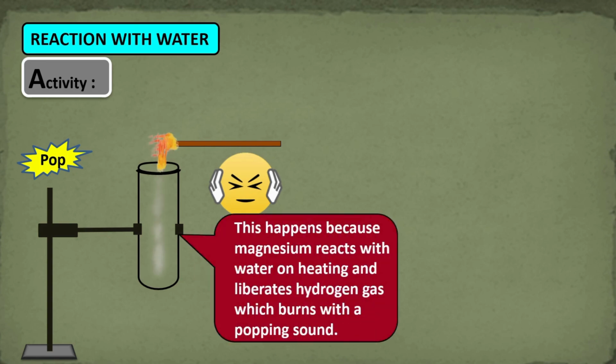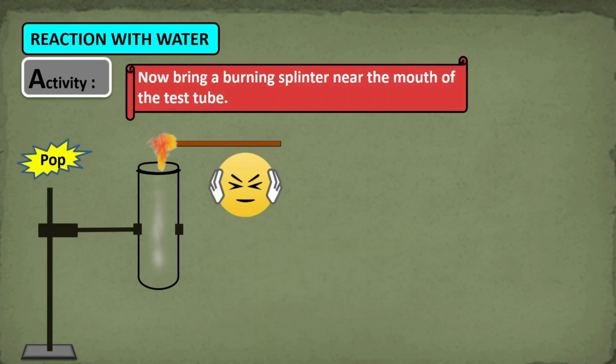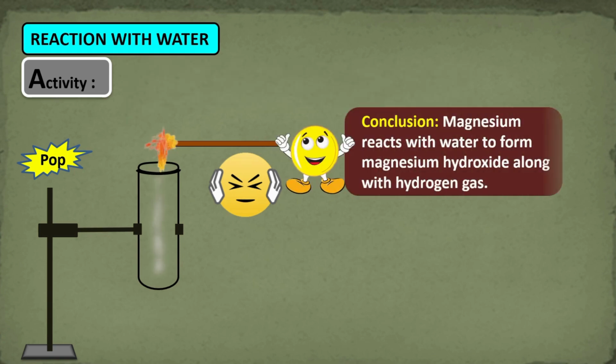This happens because magnesium reacts with water on heating and liberates hydrogen gas, which burns with a popping sound. Now bring a burning splinter near the mouth of the test tube. Conclusion: magnesium reacts with water to form magnesium hydroxide along with hydrogen gas.